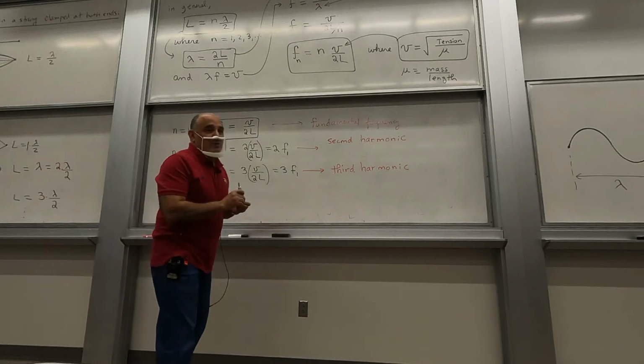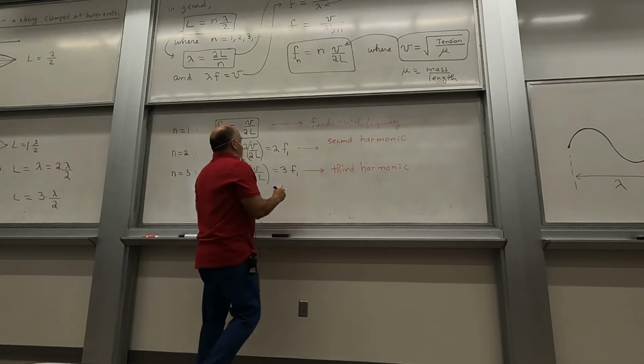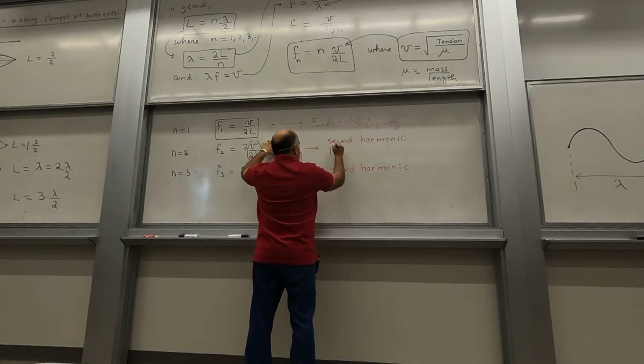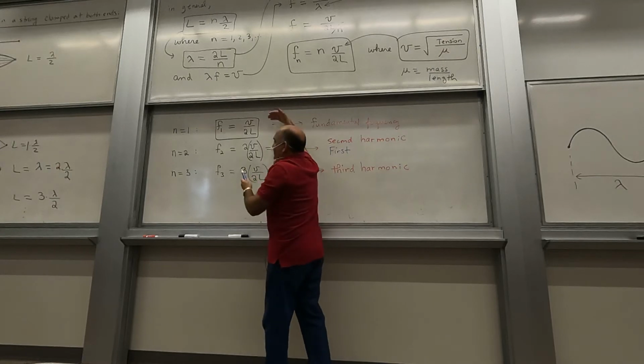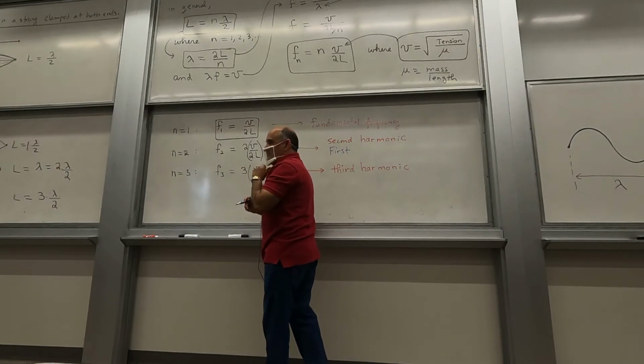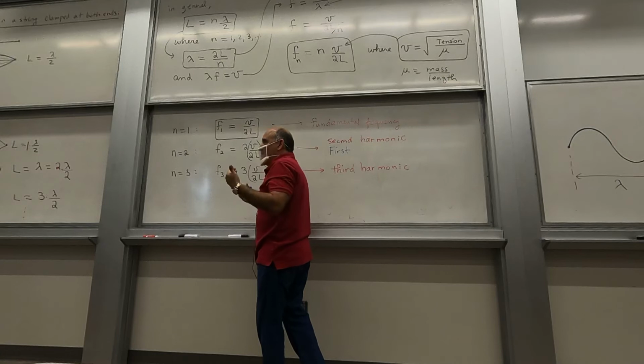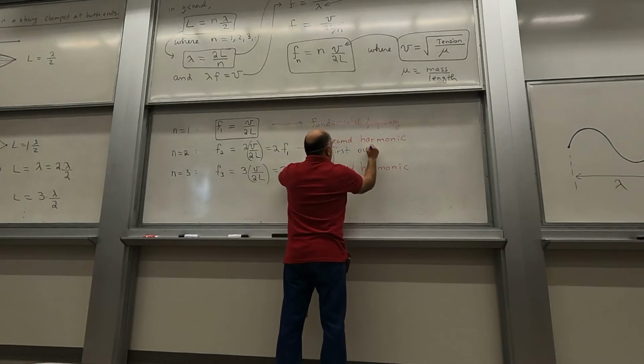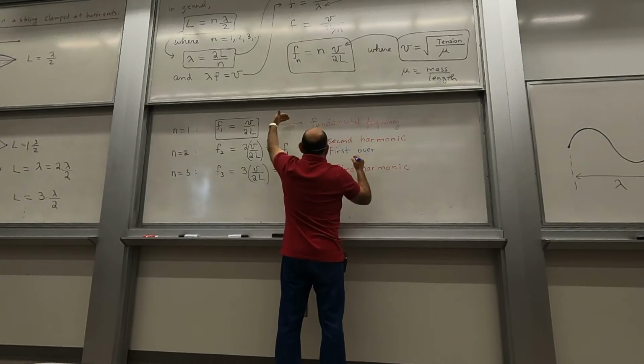So I don't know why you would do that, but oftentimes the second harmonic is called the first overtone. It's like the first frequency above the fundamental frequency. Like that. The first floor above the ground floor is the second floor. So this is called the first overtone, because it's the first frequency over the fundamental frequency.